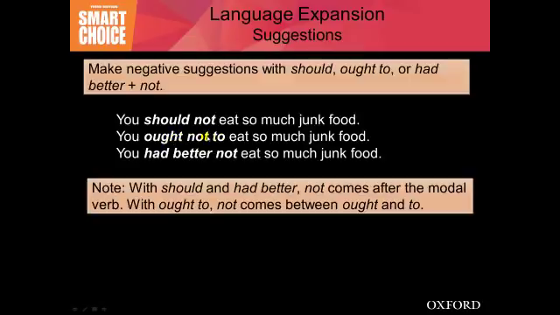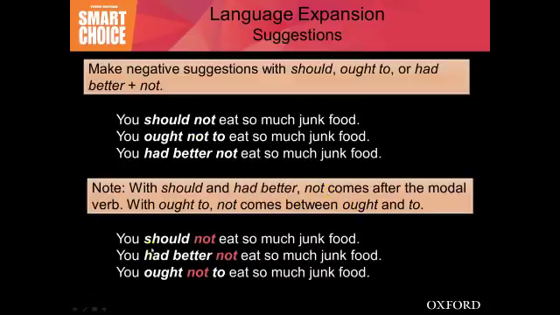Here I am talking about not eating junk food and I'm making a sandwich. Okay, ought to, you've got to put not in between there. So with ought to, not comes between ought and to. Okay, so you should not eat so much junk food. You had better not eat so much junk food, and you ought not to eat so much junk food. Okay, so keep that in mind.